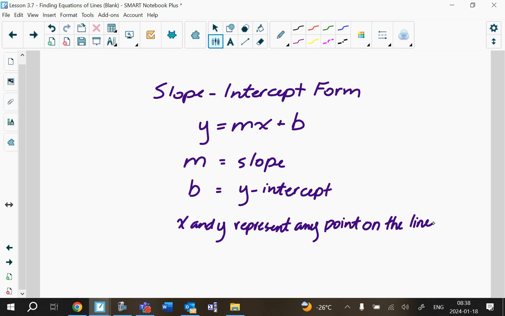So we use this to graph lines because, say, for example, if we were given y equals 1 over 4 x minus 2, well, the way that we graphed it is we would plot the y-intercept of -2. That's 1 point on the line.